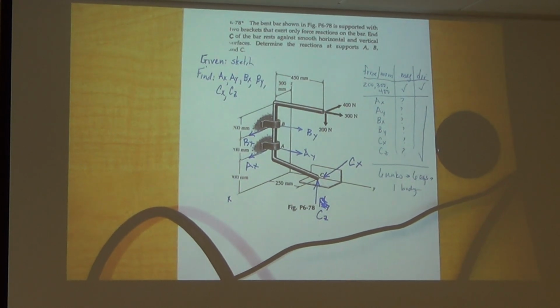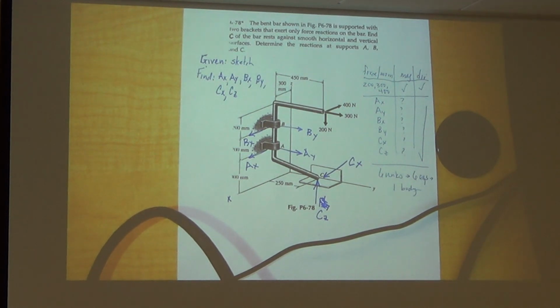Wait, keep going. Are there any other forces? Oh, it's good. That's it. Right. Equals 0. So CZ is equal to? And box it in. We're done with that one.